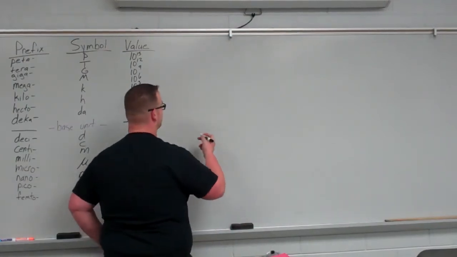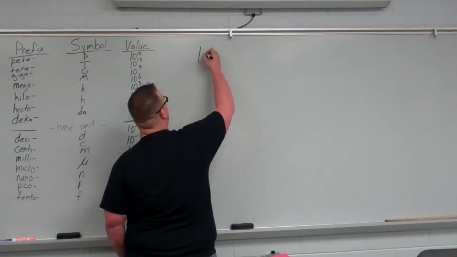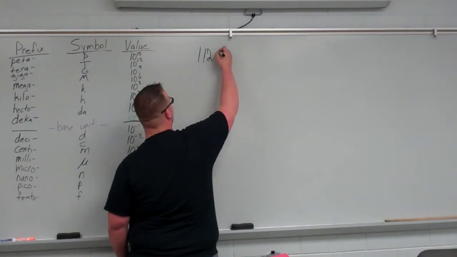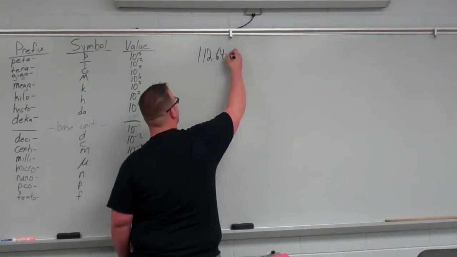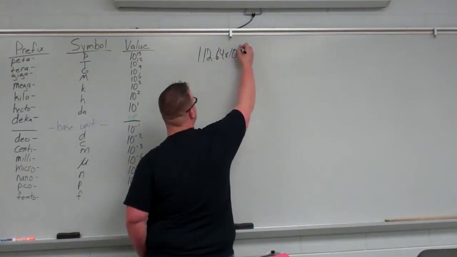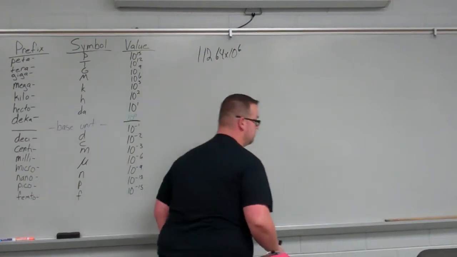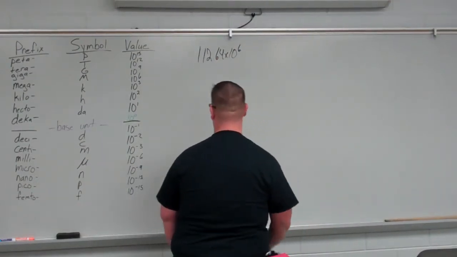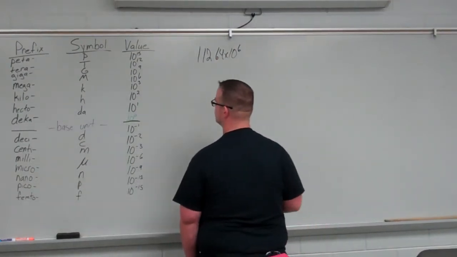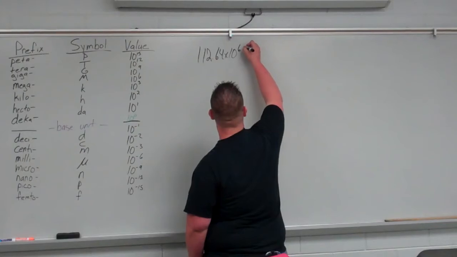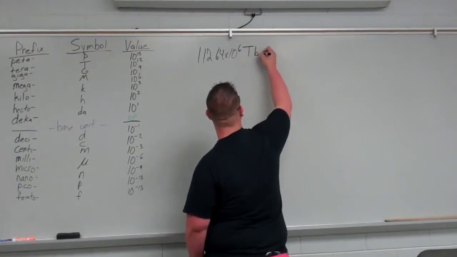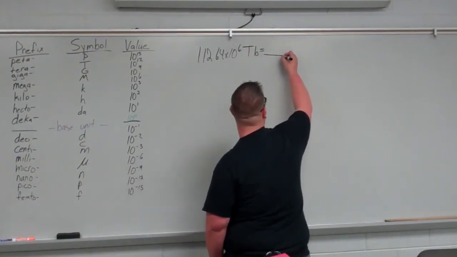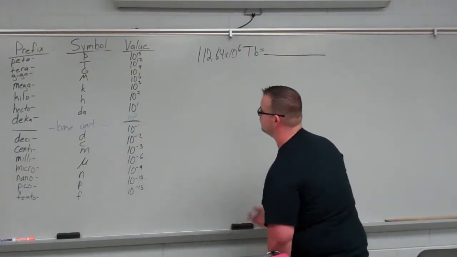Let's just pick some. 112.64 times 10 to the 6, and we're just getting hard here. Let's keep it hard. Let's do some terabytes is equal to how many? Let's have a little bit of fun with it.